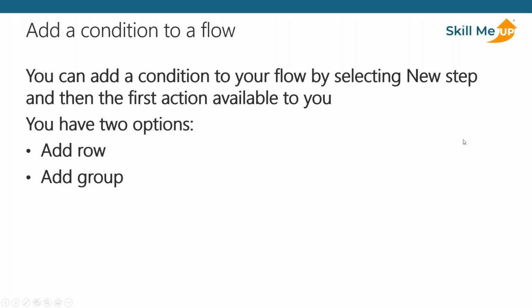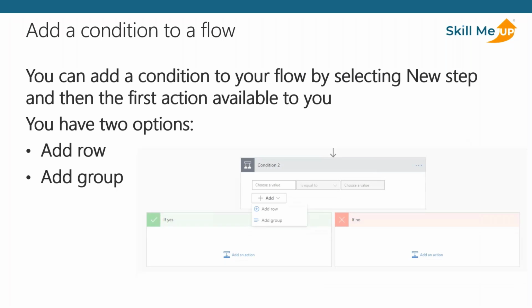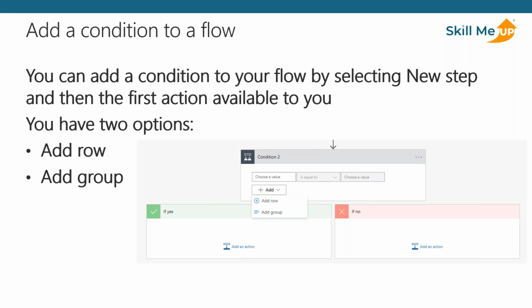Okay. The last, you can add a condition to your flow by selecting a new step. In the last action that you have, you will have two options: add row or add group.